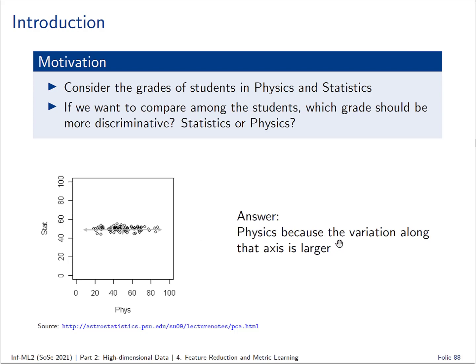So the spread of the observations along a feature may be a good indication of how good this feature is to compare among observations, and going one step further, maybe also to find patterns in that data. So we look for directions of high variance, of high spread, of high variation.